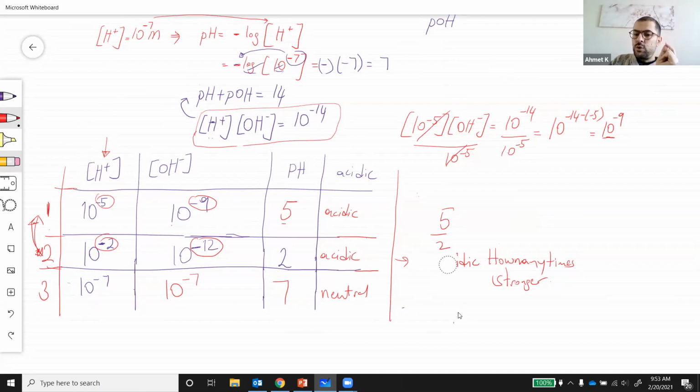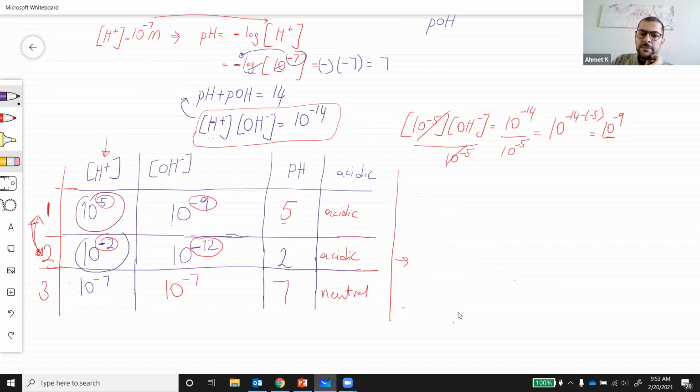So what you have to do is divide the hydronium concentrations. If you look at the second one, what's the hydronium concentration? 10 to the negative 2, divided by the first one, 10 to the negative 5.